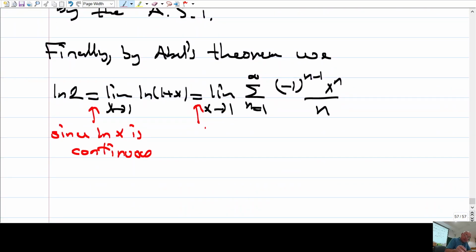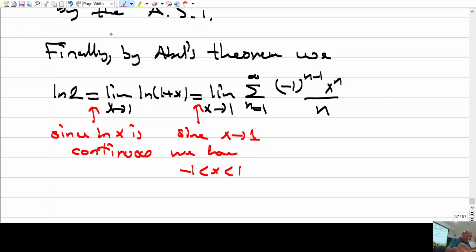This is true since x is going to 1, x is less than 1, but since it is close to 1, it should be larger than minus 1. Since x is going to 1, we have x is between 1 and minus 1.